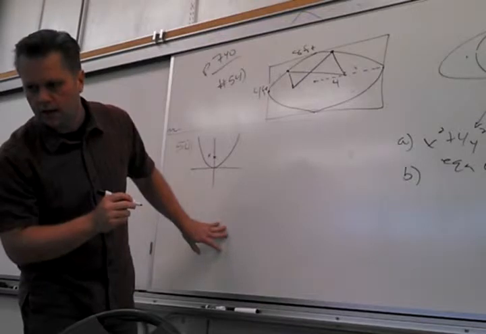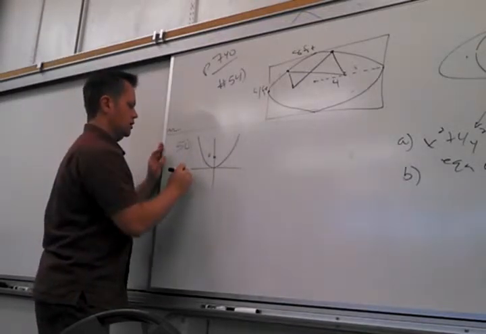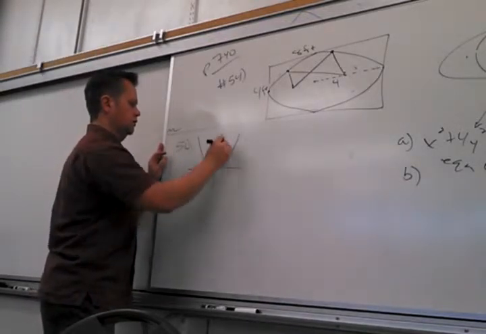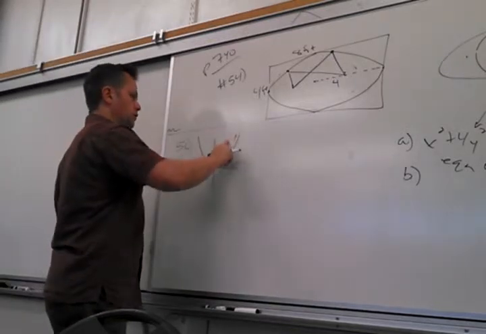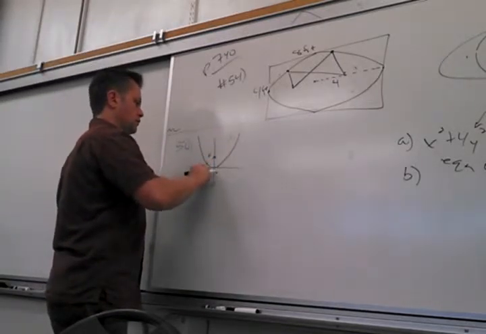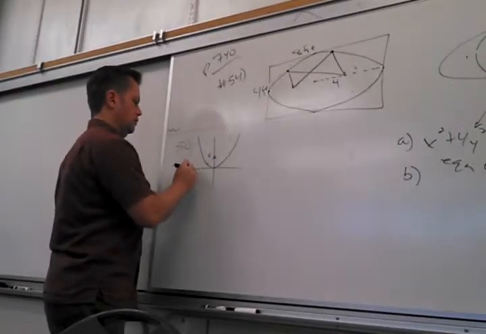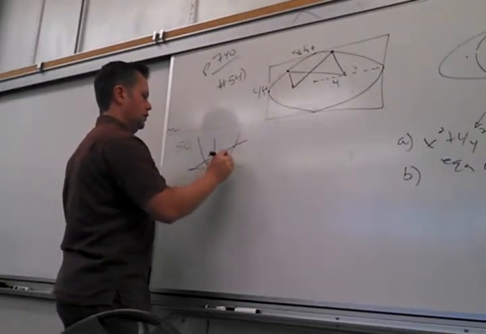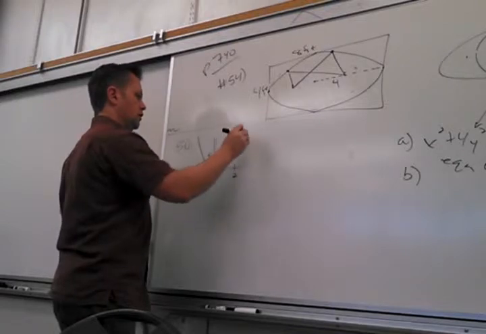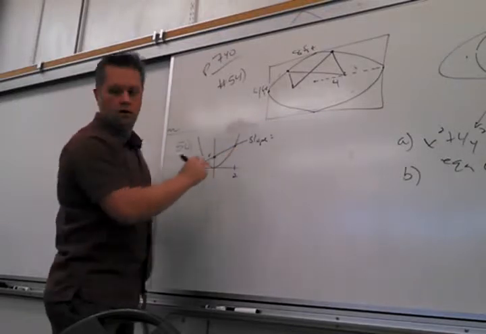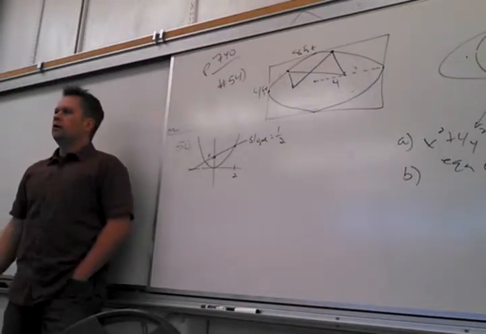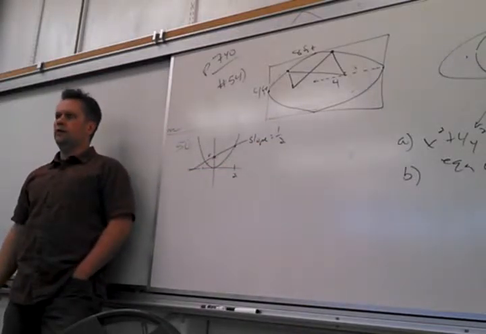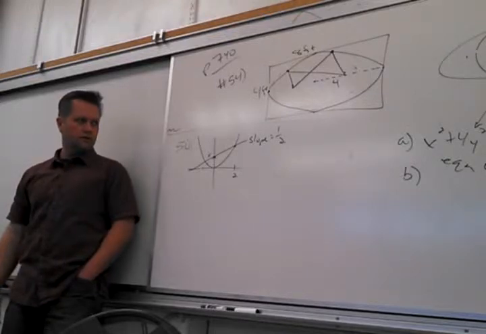I tell you there's a line that goes through the focus to a point here, and then hits here at 2. And the slope is 1/2. Okay. And then I say, find the equation of the parabola.